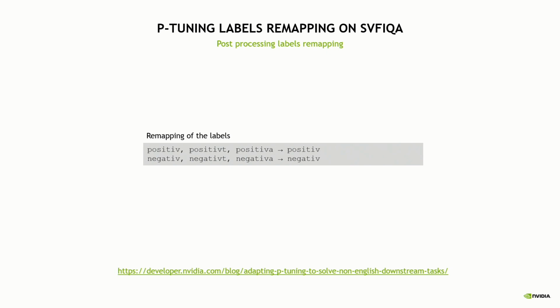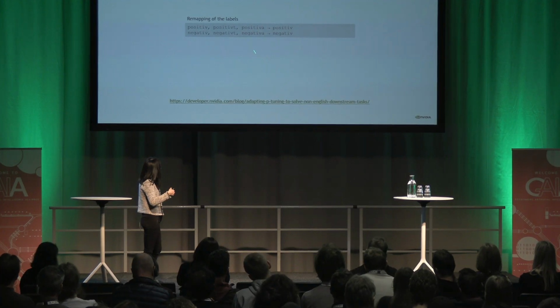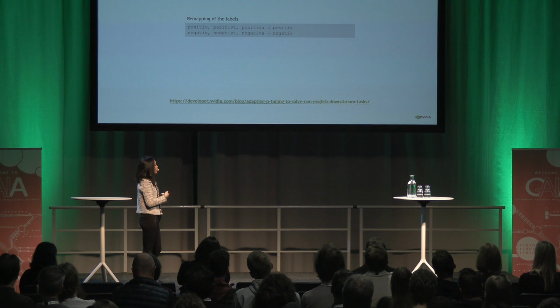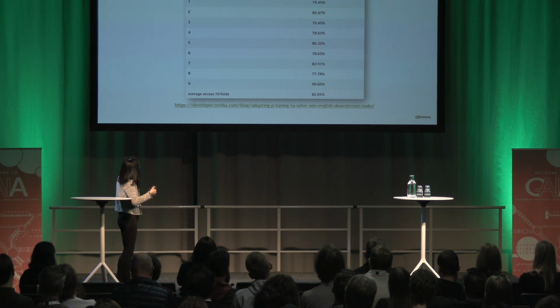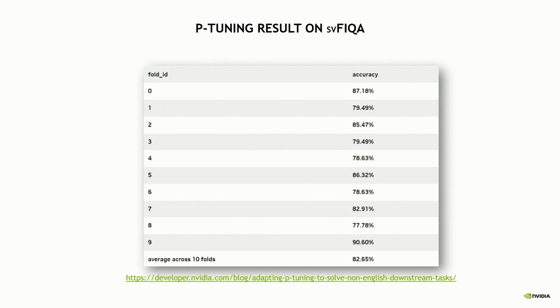So we're going to shrink the classes from 6 to 2. So it's again binary classification. After the remapping, let's take it all tenfold and then the average. So it's like this, and the average score is 82. So it's almost twice as good as the few shot learning.